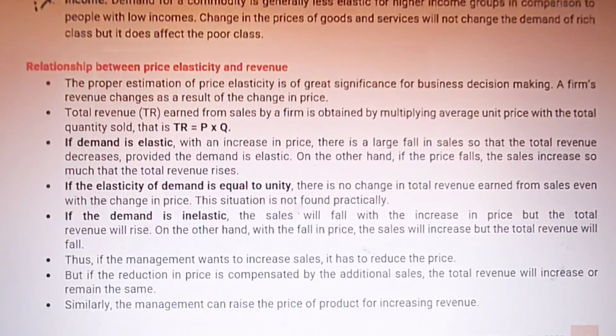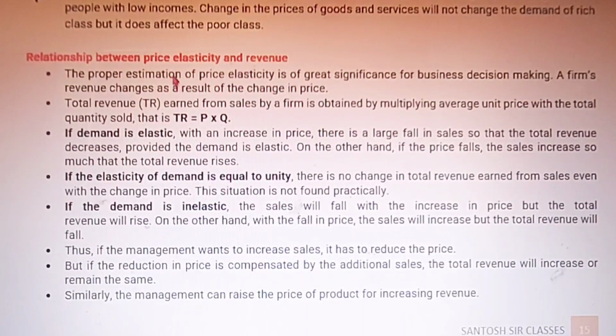And this is the relationship between price elasticity and revenue. This is all about the firm. Generally, proper estimation of price elasticity is of great importance for a business organization, and for the total revenue earned by sales of a firm. Total revenue means the sale proceeds that a firm gets after selling its goods and services. So that is called revenue, right?